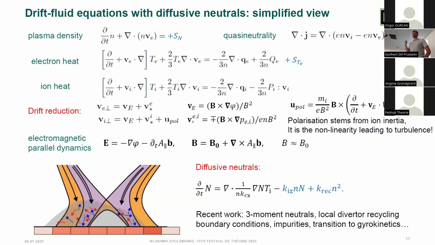However, this is obtained through an ordering, and the ordering assumes that the divergence of the different flows is similar, but the polarization flow itself is smaller than the others. So in practice, we do drop the advection by polarization. We just keep polarization because it enters the current conservation. There it's important. Okay, and then the main thing, yeah.